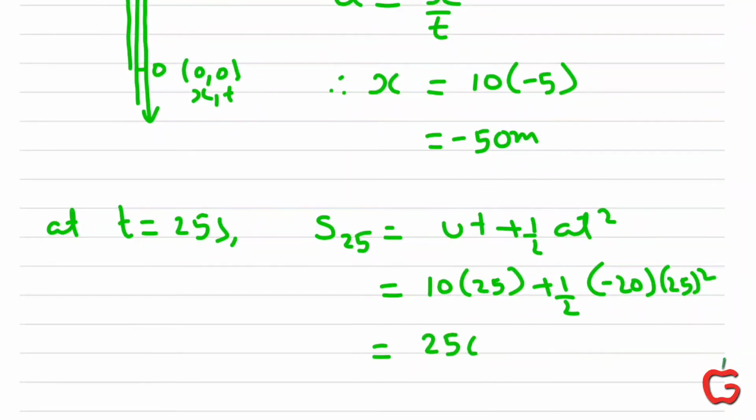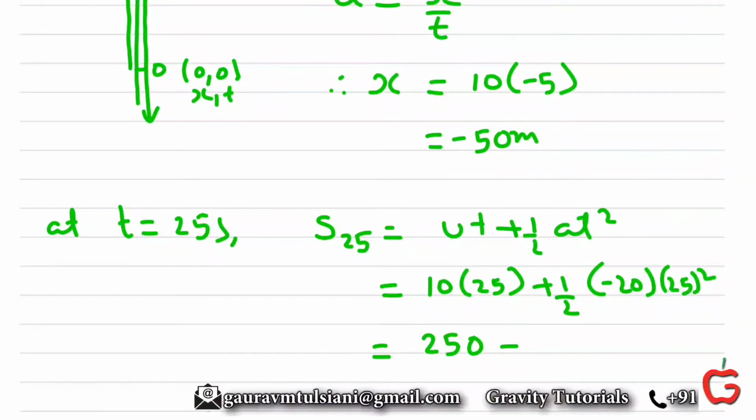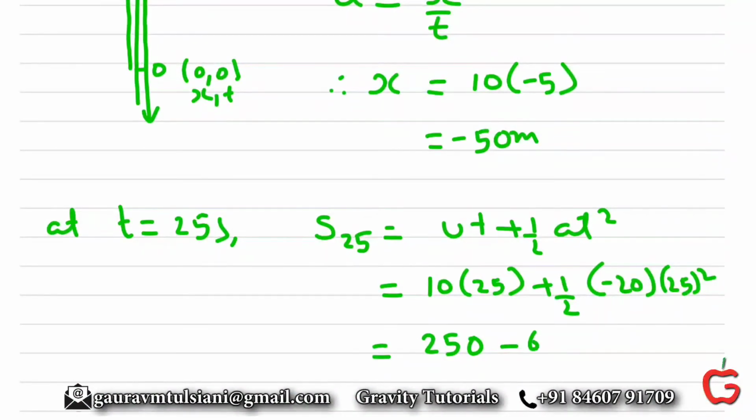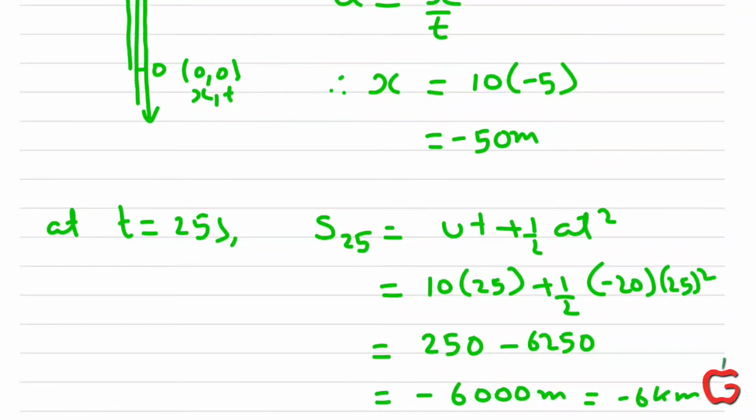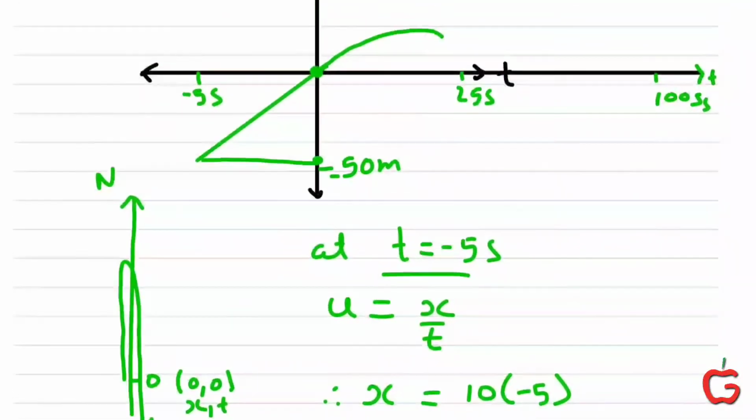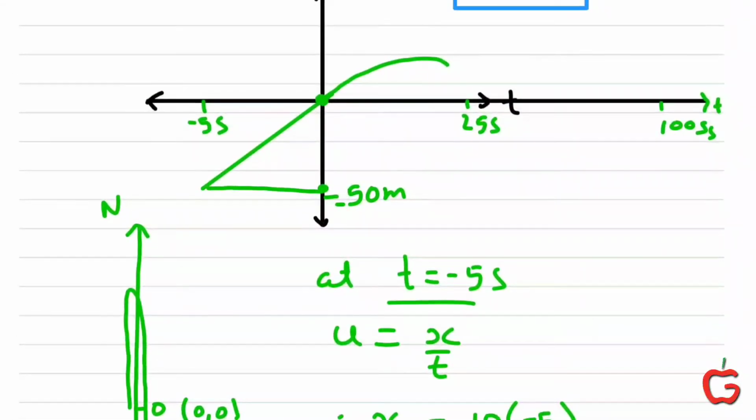Okay, so this becomes 250 minus 6250. So this is minus 6000 meter or minus 6 kilometer. So at 25 seconds the body would be at minus 6 kilometers. So the body would be downwards. So the x would be way negative at 25 seconds, somewhere here at minus 6000 meter.